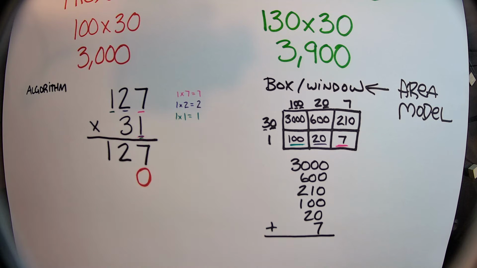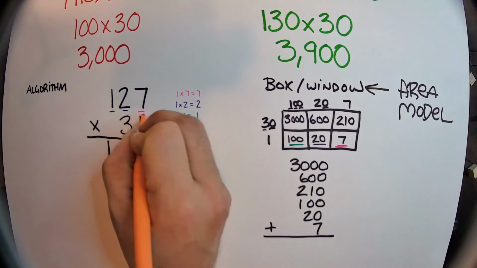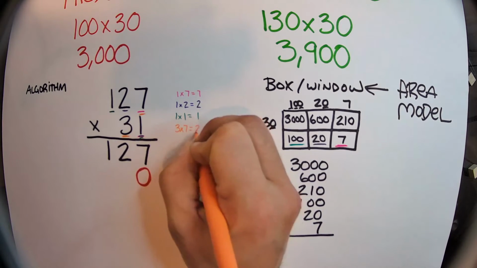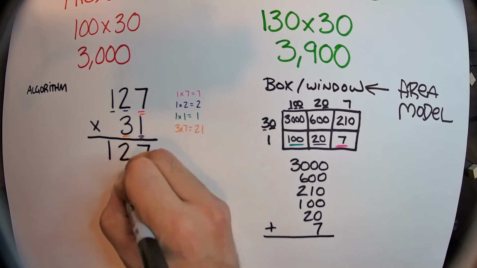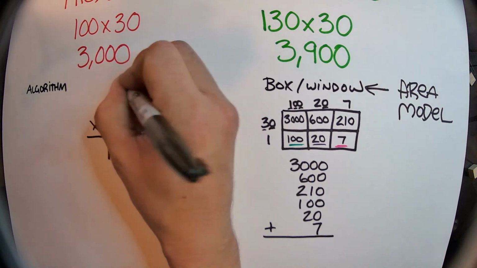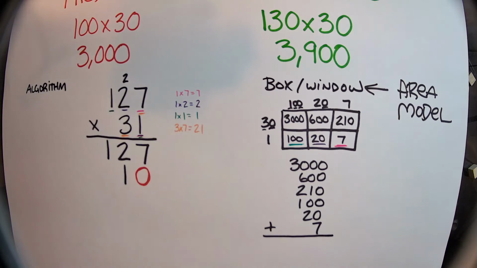All right, so the next thing that we are going to do is multiply our 3 tens times our 1 7. So that is 3 times 7. 3 times 7, once again a math fact, equals 21. So we're going to put the 1 from 21 in the tens place, and then carry the 2 up on top of the tens place.